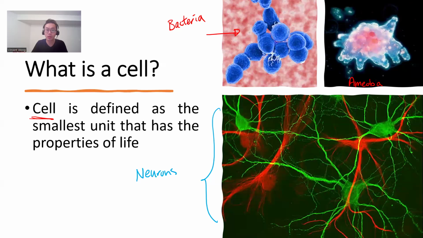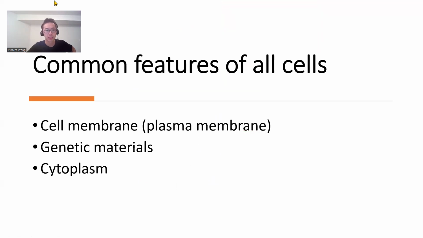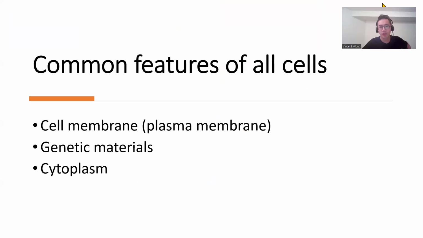It's a similar situation here with the cells. The cells can look very diverse, but there are some core features that are shared by all cells, and they're listed on the next slide. These are common features of all cells. Doesn't matter if you're talking about a bacterial cell, a human cell, a plant cell, they all have these things.